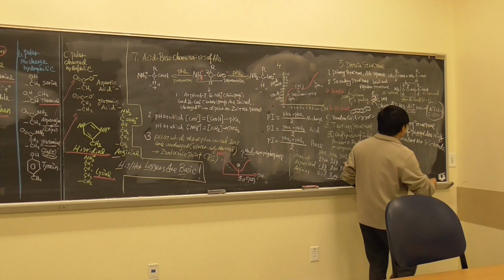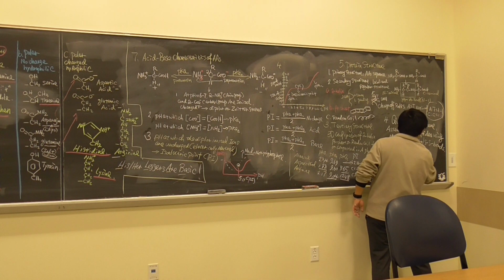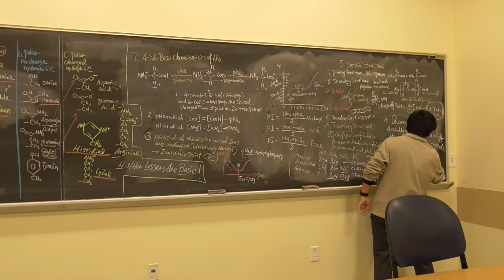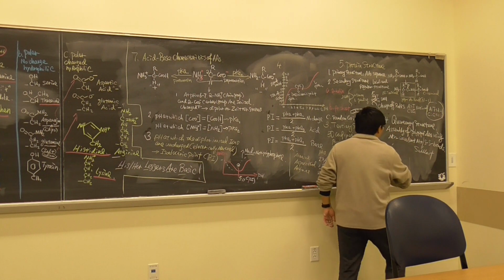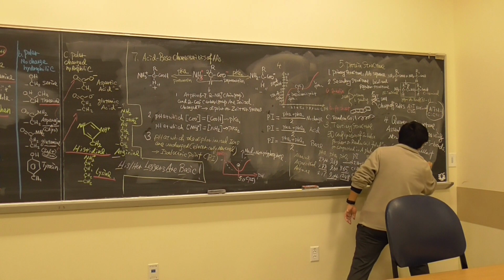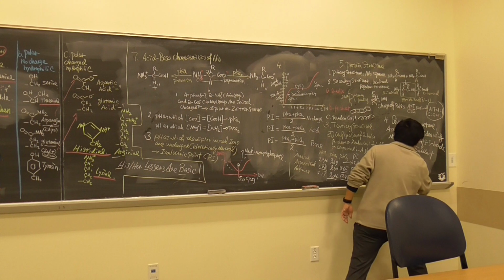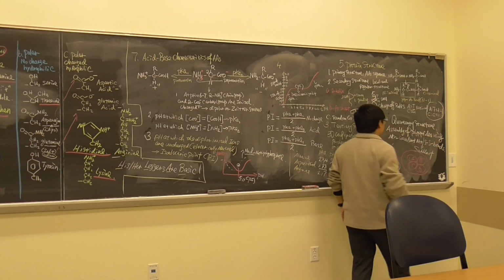These polypeptides are referred to as subunits. A good example: hemoglobin has A, B, C, D, 4 subunits connected.